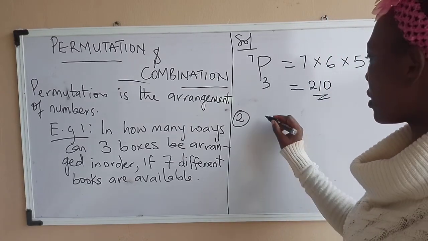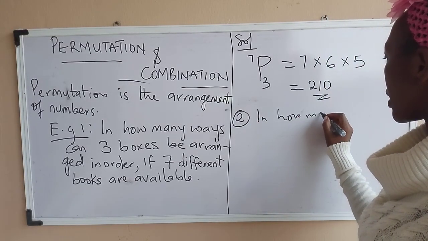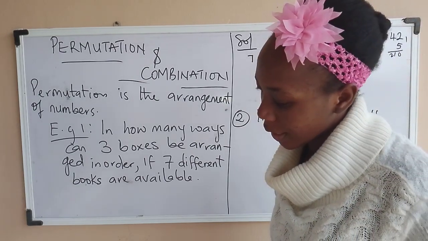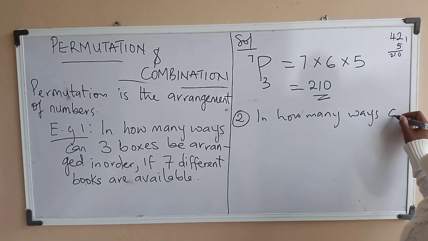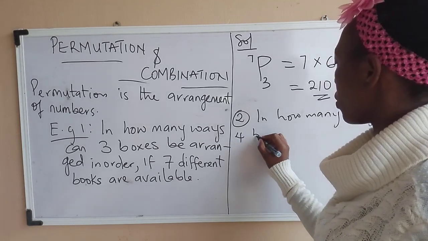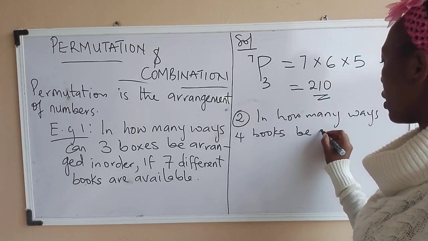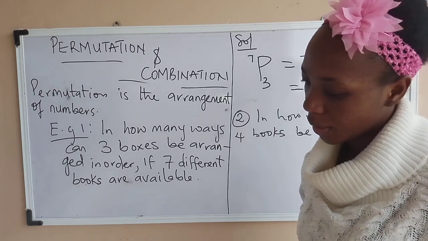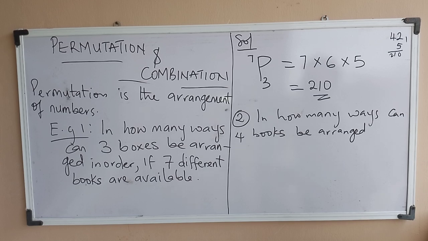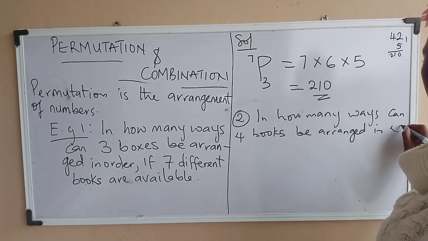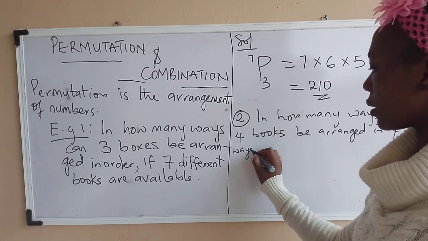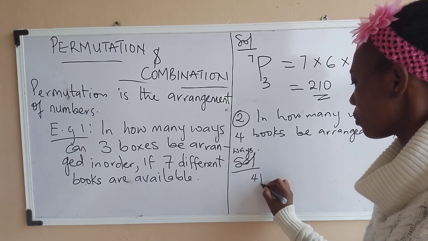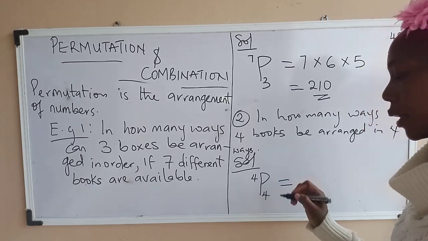So, in how many ways can 4 books be arranged, or permutated, in 4 ways? All right, so solution. This one, 4 books arranged in 4 ways.